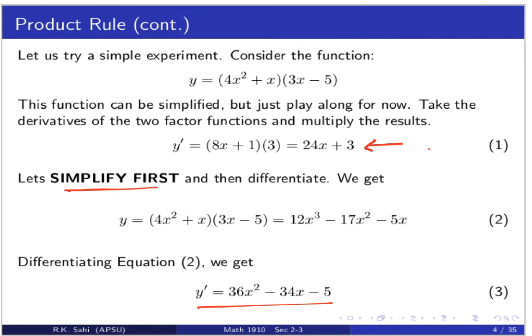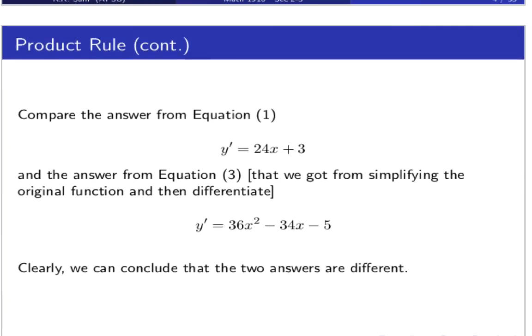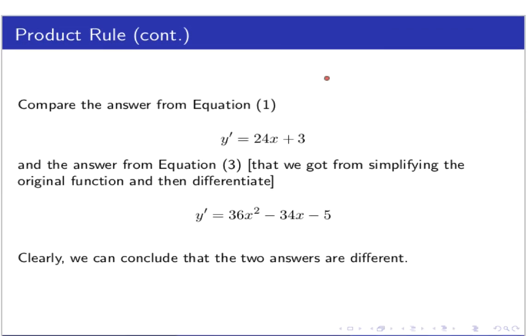That is what the next slide talks about. The conclusion is that we're getting two different answers, one from what we just thought about and what we actually got after simplification and differentiation. So there is a little difference here.